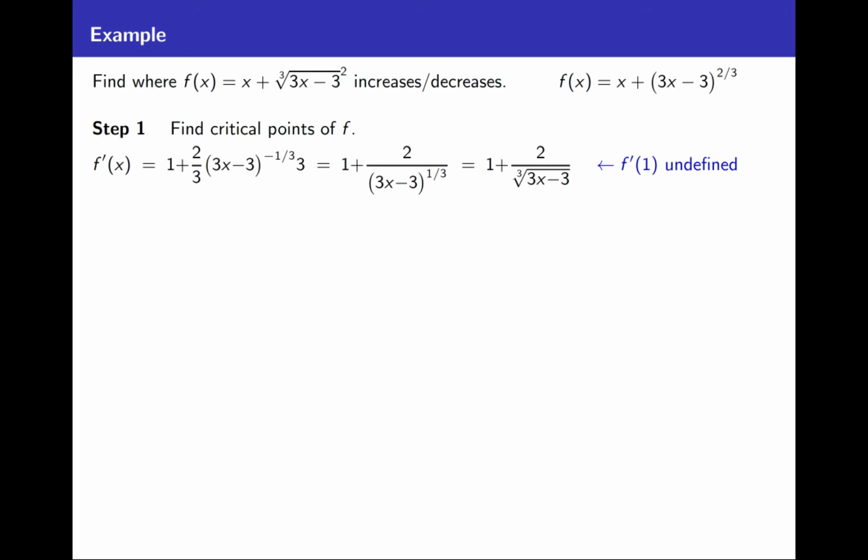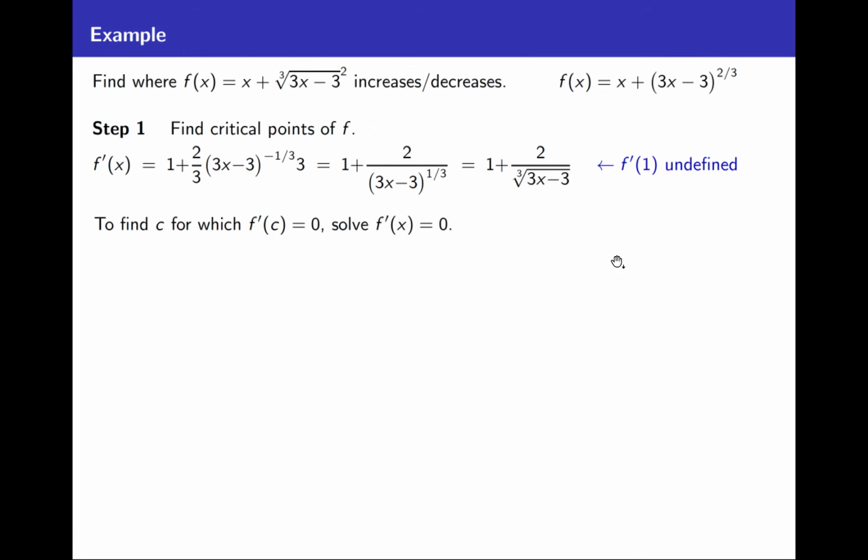That's the only point at which f prime is undefined. Now there may be some other critical points at which f prime is equal to 0. To find c for which f prime of c is equal to 0, how would you do that? Well, you'd simply solve the equation f prime of x equals 0. Find all the values x that make the derivative equal to 0.